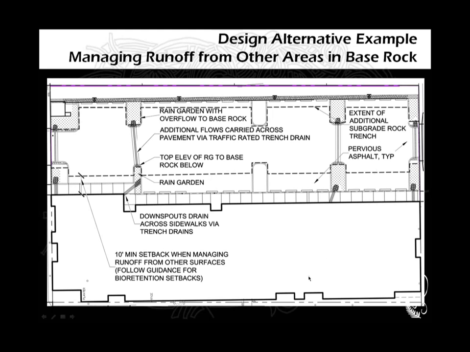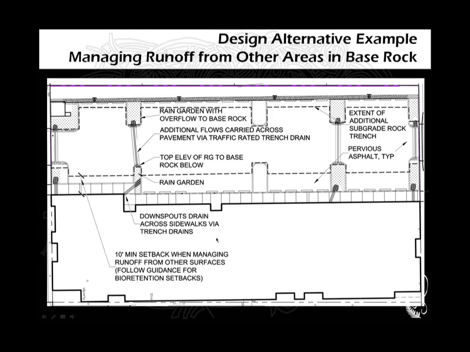When they got around to doing the pavement, it was too cold, and we ended up doing concrete. But pervious asphalt, porous asphalt, pervious concrete, it doesn't matter what you put there. We're just modeling the base rock below it.